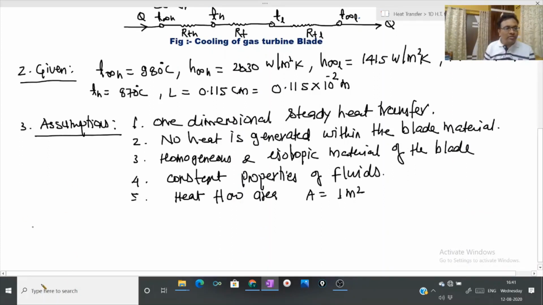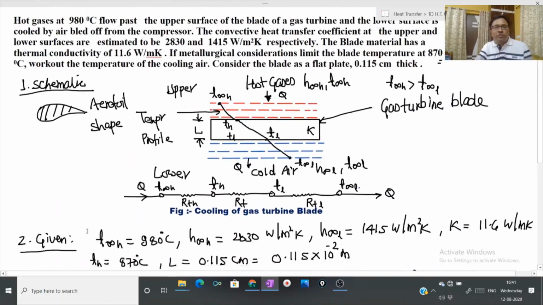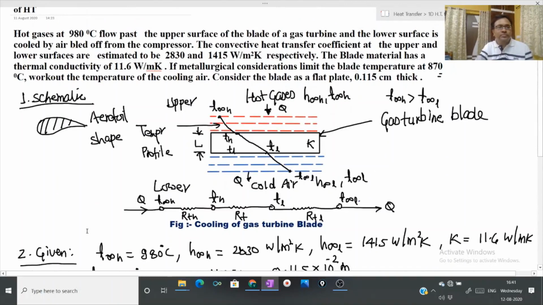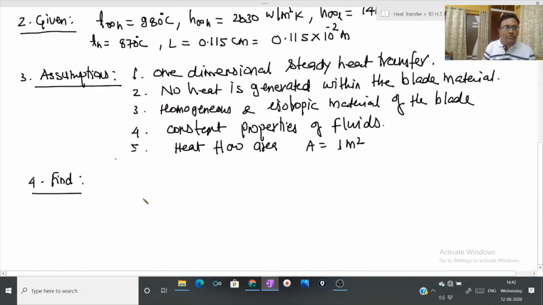Now let us enlist what is to be found out. So the problem says that work out the temperature of the cooling air. So we are supposed to find out, I think, T infinity L. So this parameter I am supposed to calculate. Now let us do the detailed calculations.